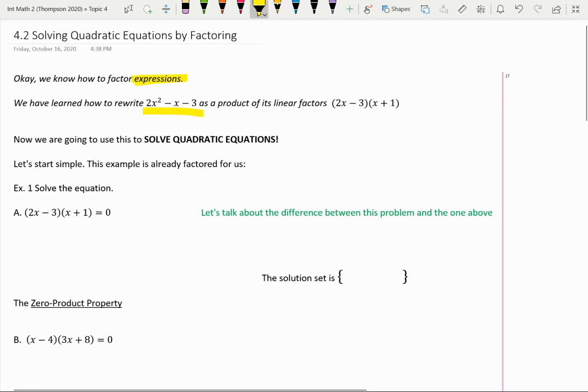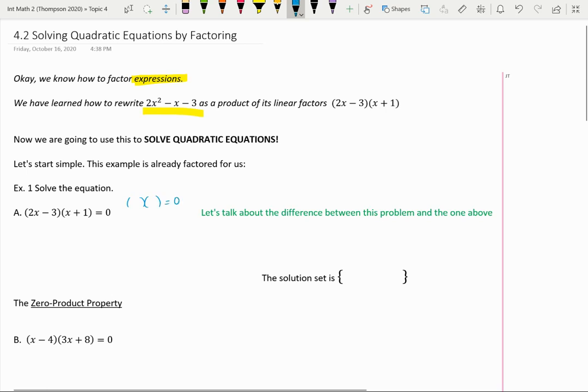So we're going to start off really simple. The first thing we're going to do is use what we know about factoring to solve quadratic equations. This first example here is already factored for us, so kind of cheating and skipping the first two steps. So solve the equation. I have some number times some number equal to 0.